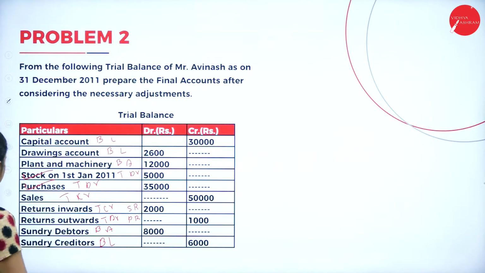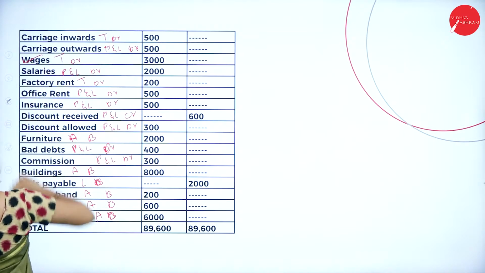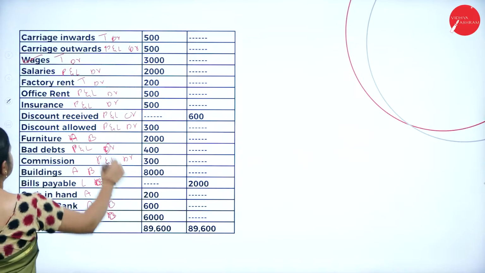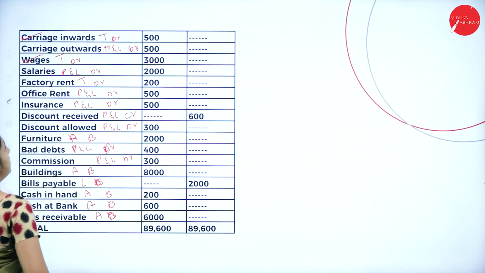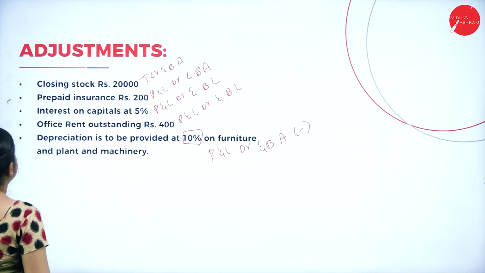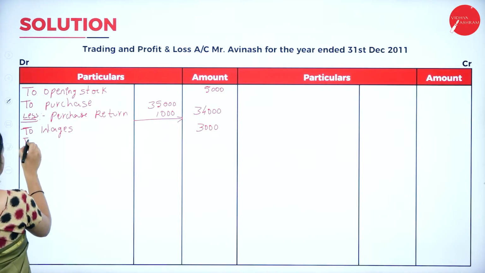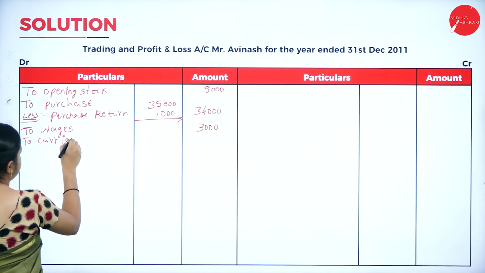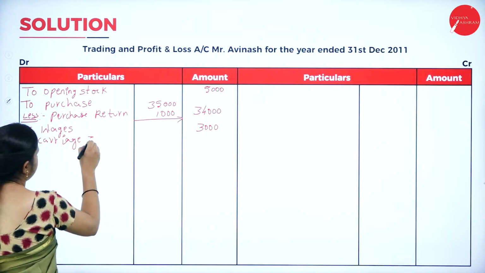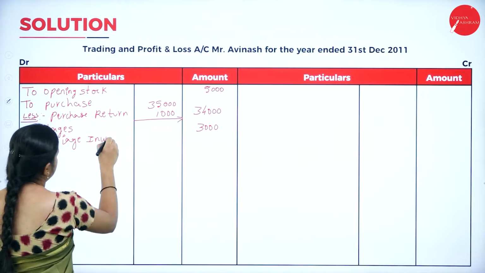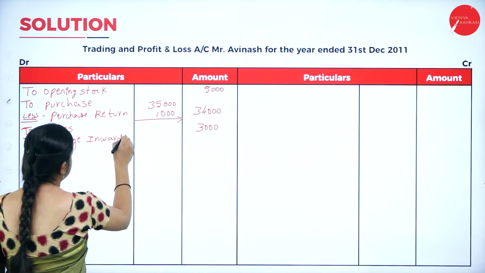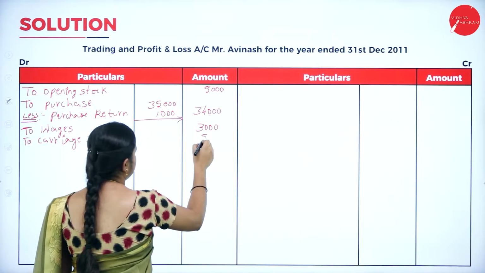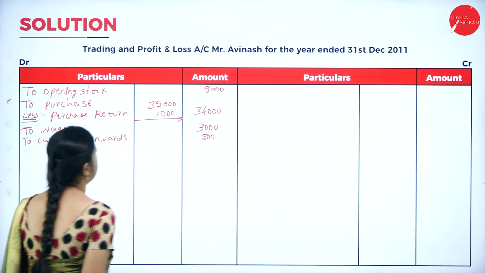So find any other trading debit side, purchase return over, carriage inward. We have carriage inward, trading account debit side, right? Carriage inwards rupees 500.